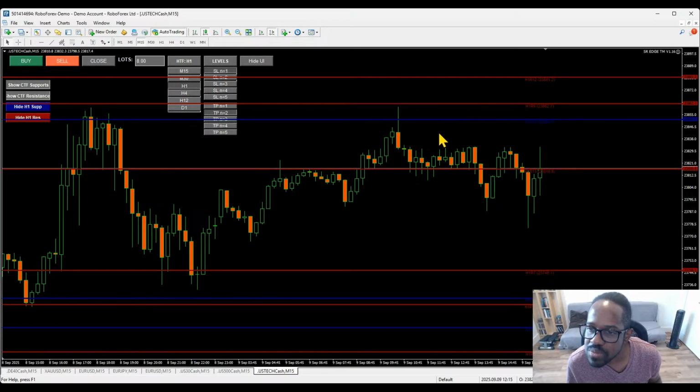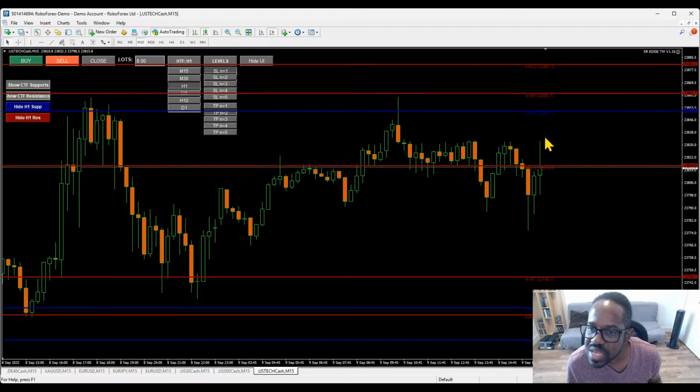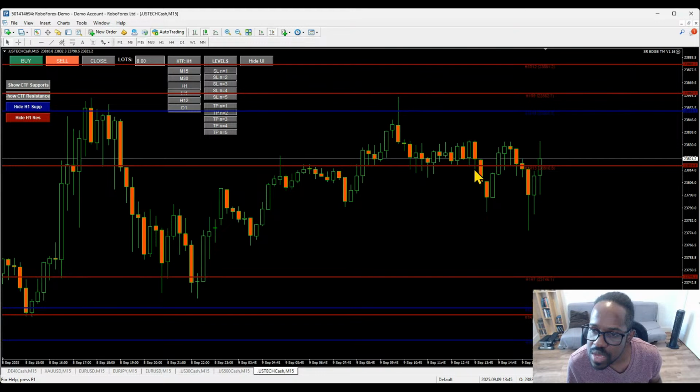But logically, they should go up first and then go down, but depending exactly if there's liquidity that they want to take off of that zone here, that is a resistance zone, they may start to go down. So depending exactly within the next 5 to 10 minutes, we may have a confirmation here of what they want to do, and then just trade accordingly.